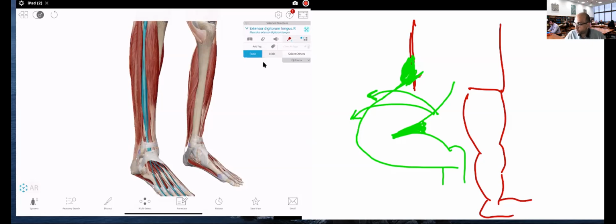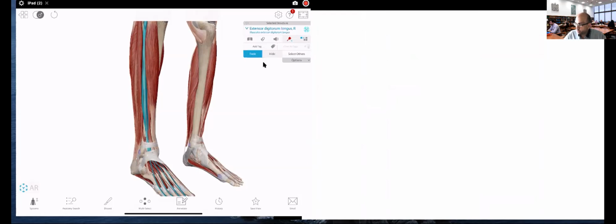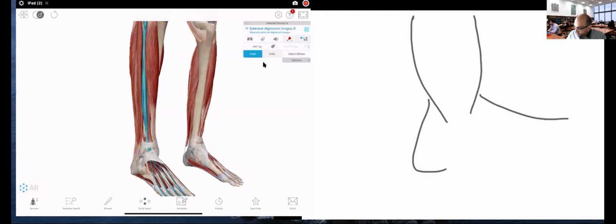If you remember in the foot, we don't call the movement here of the foot flexion and extension, we call it an upward movement of the foot is what we call dorsiflexion, and the downward movement of the foot is what we call the plantar flexion.